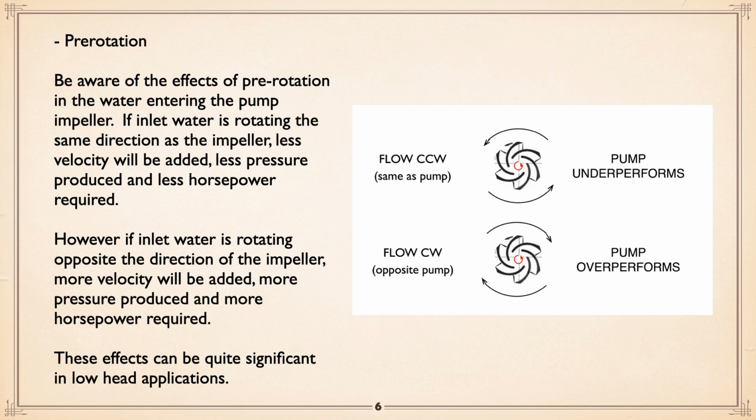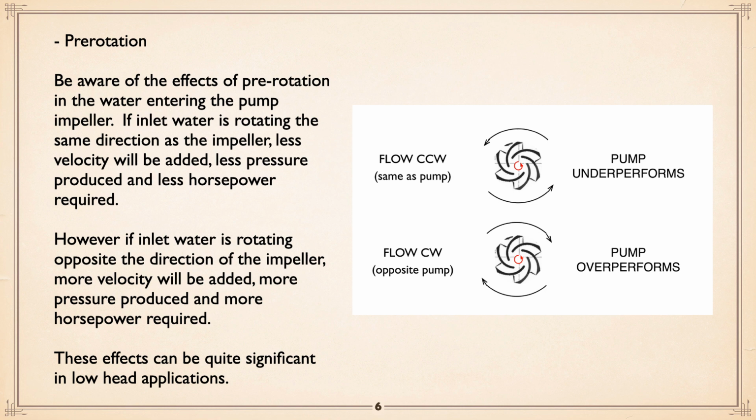If you find the flow is going opposite the direction of the pump, like in this case here, we've got a pump that is rotating counterclockwise, and the flow is also rotating counterclockwise. If they're going the same way, the pump will underperform, because it's not adding very much. So you find you don't get as much head, therefore not as much capacity as you expected. Nice thing is the power drops off.